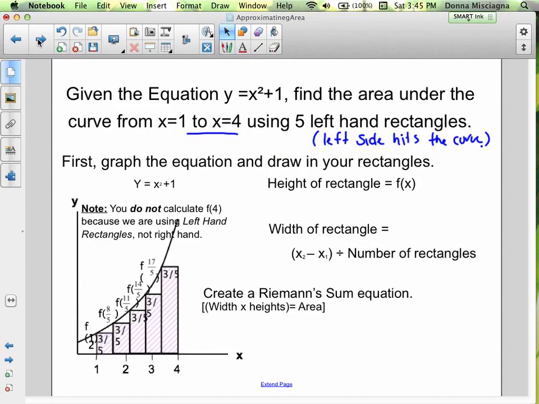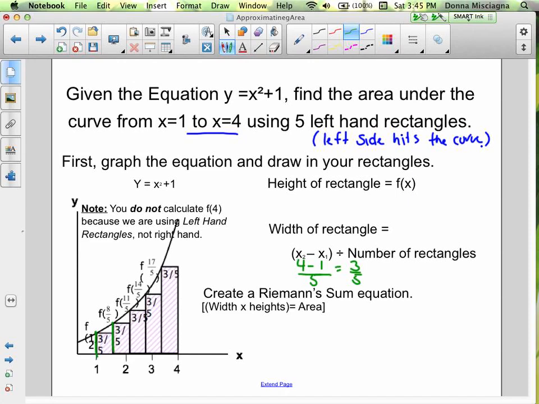All right, notice that we will use x equals 1, where 1 hits the curve. The width of our rectangles is 4 minus 1 divided by 5, so that's 3/5.